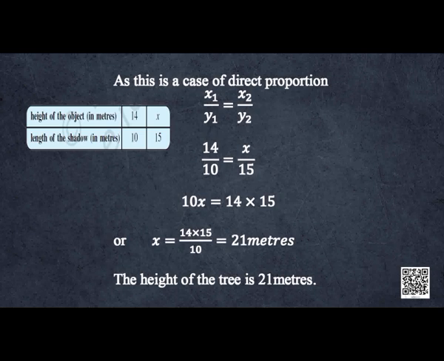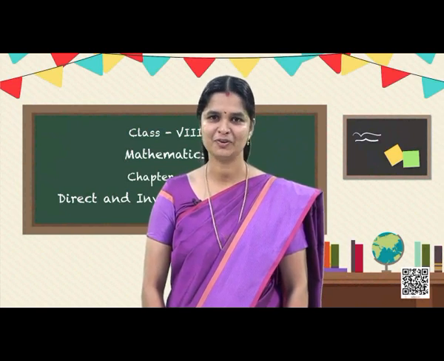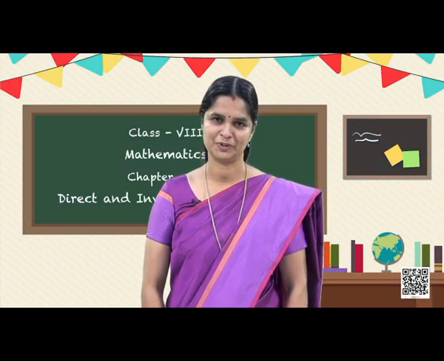By cross multiplication, we get 10x is equal to 14 into 15. That is, x is equal to 14 into 15 divided by 10, which is equal to 21. So, the height of the tree is 21 meters. Dear students, I hope that now it is easy for you to do calculations based on direct proportion.